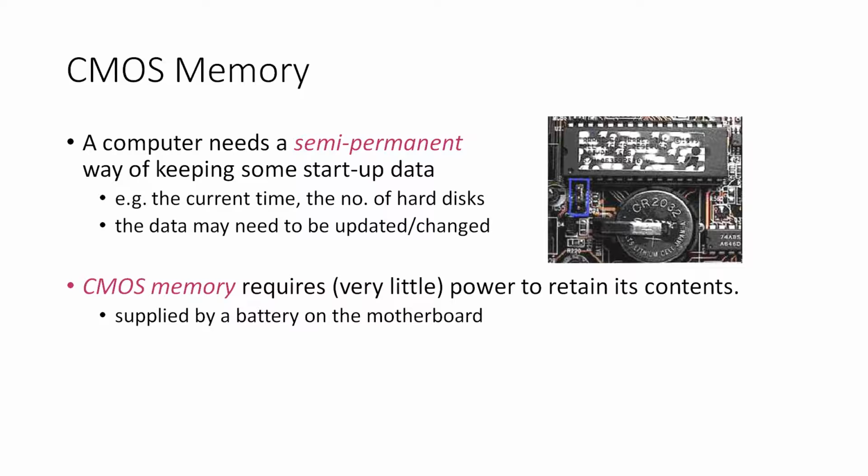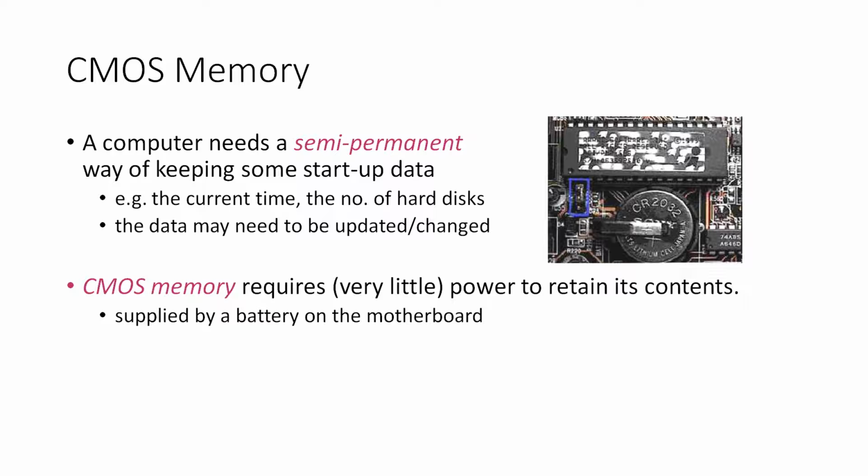CMOS memory. A computer needs a semi-permanent way of keeping some startup data. For example, the current time, the number of hard disks, and whether input-output devices are connected or not. The data may need to be updated or changed. CMOS memory requires very little power to retain its contents, supplied by a battery on the motherboard.